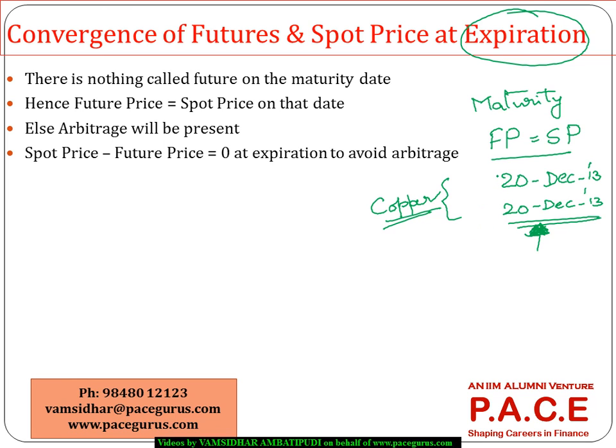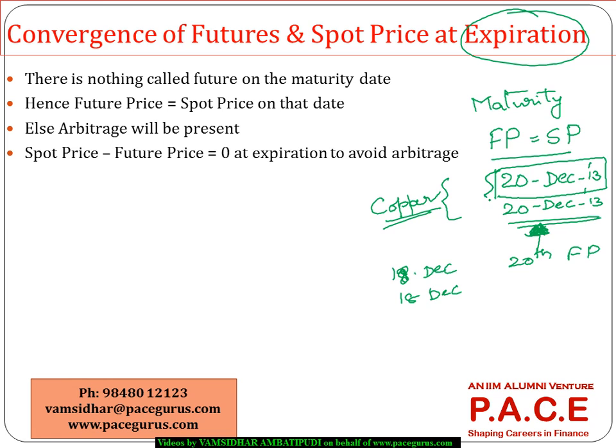And at the same time, the futures price, which is expiring on 20th December 13, is also the price for delivery of copper on 20th December 13. If today's date is probably 19th or 18th December, the delivery price for 20th, which is the futures price, may be different from the delivery price for 18th, which is the spot price.